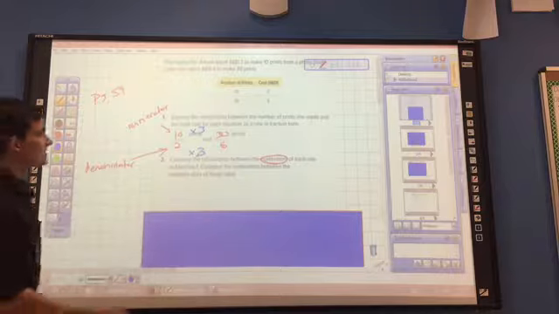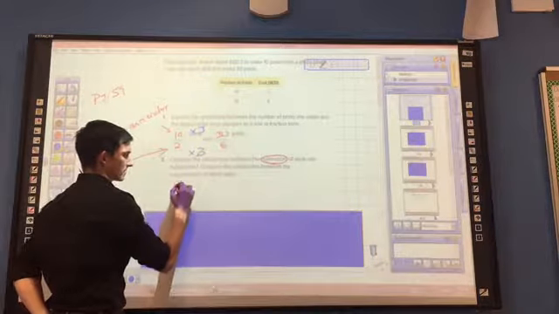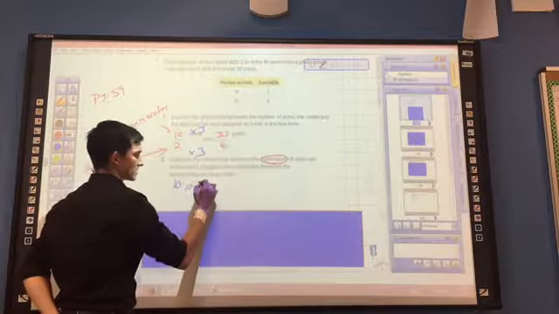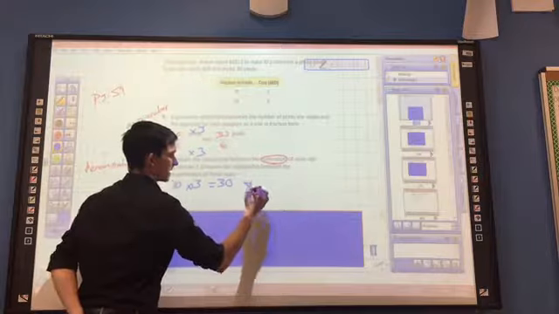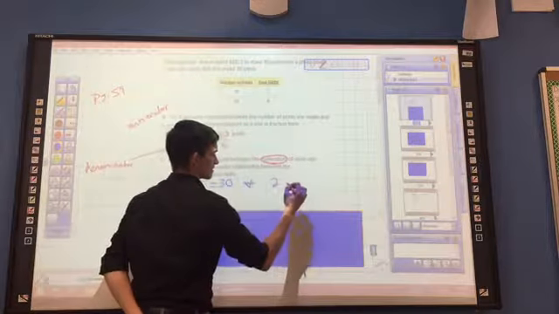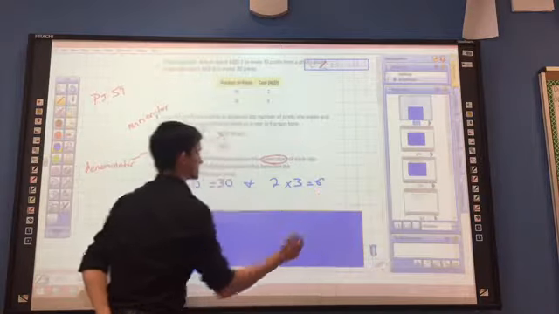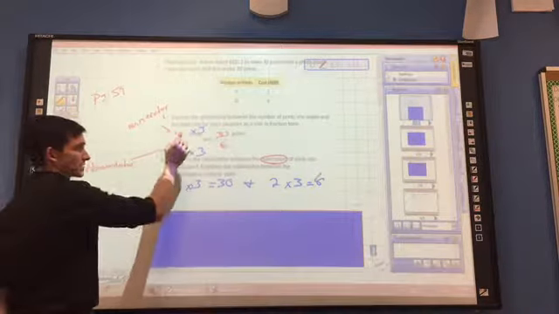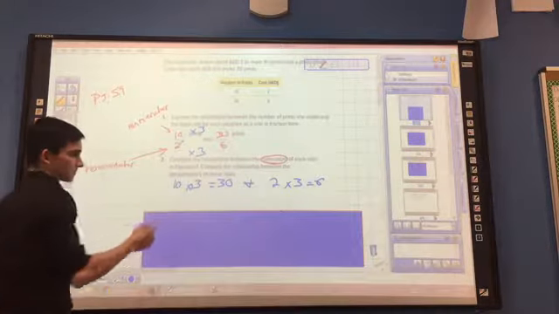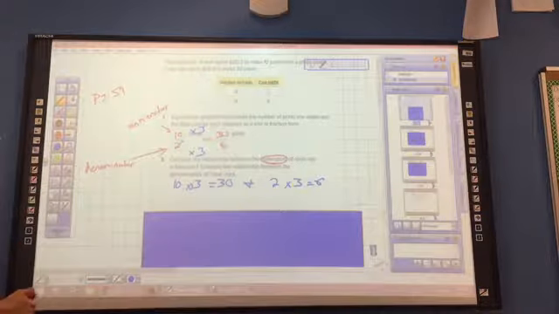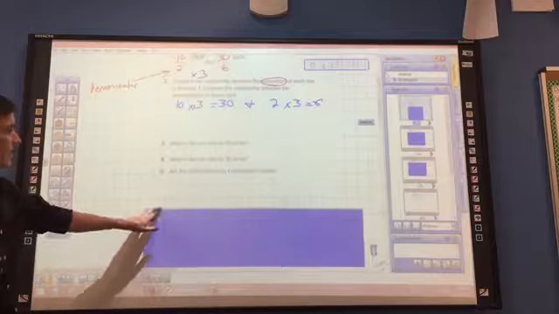So what we could write is 10 times 3 is 30, and 2 times 3 is 6. And that's the relationship. So that relationship is actually the same, which is no surprise as we go down and we'll see.